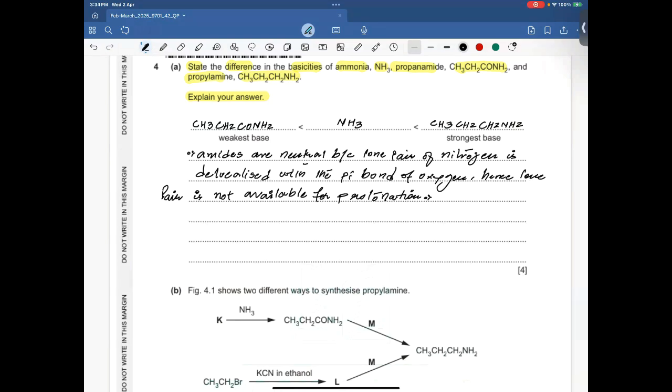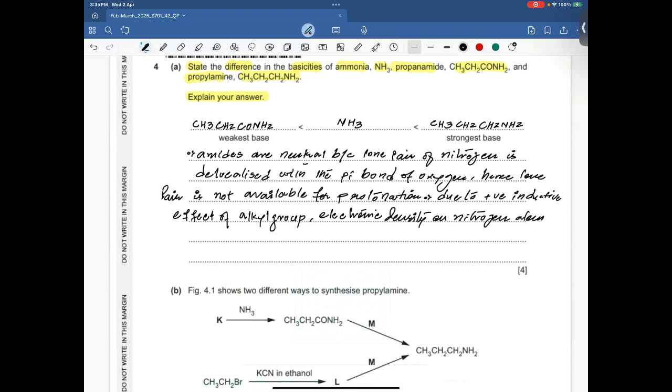Propylamine is the strongest base. Due to the positive inductive effect of the alkyl group, the electron density on the nitrogen atom increases.